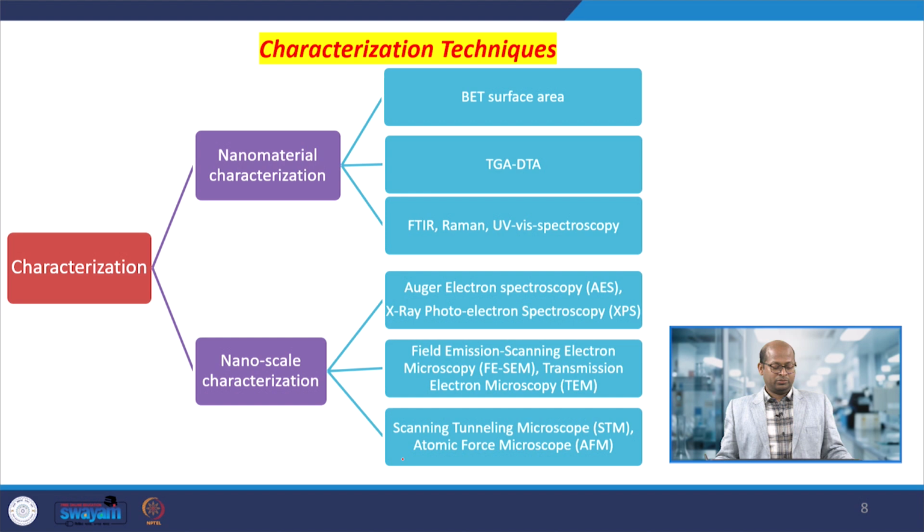Okay. Here we have classified the total characterization techniques into nanomaterial characterization and nanoscale characterization. Nanomaterial characterization means BET, TGA, DTA, FTIR, and Raman, and for nanoscale characterization, imaging techniques are used.